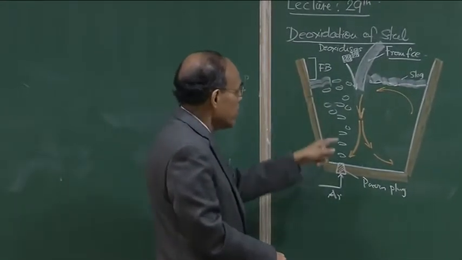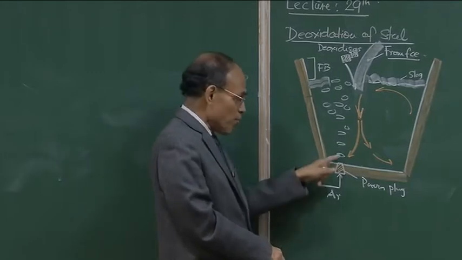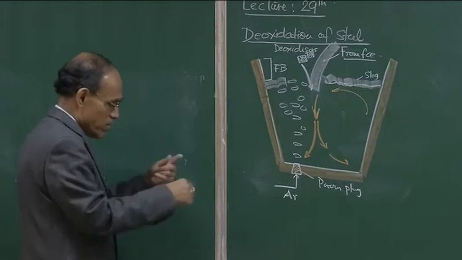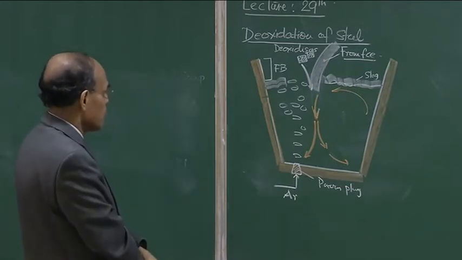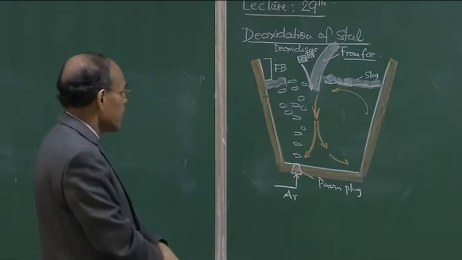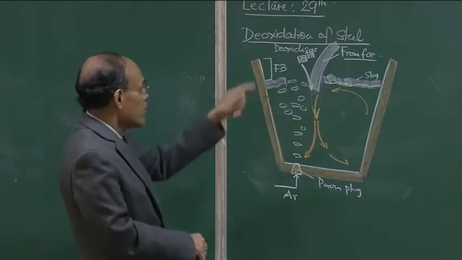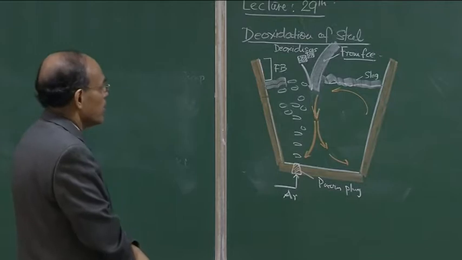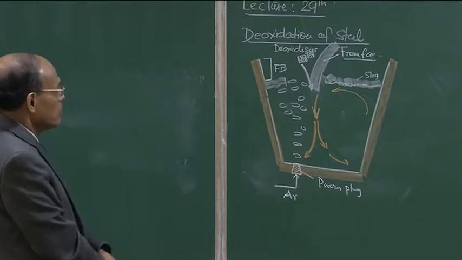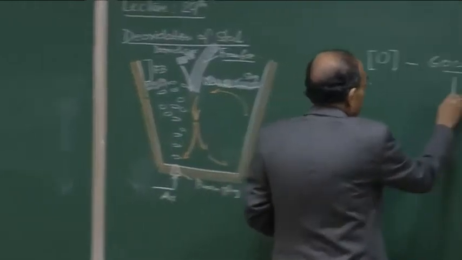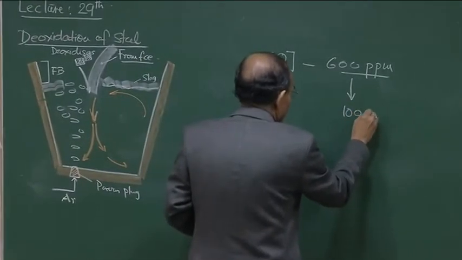Argon is non-reactive, its job is only to create stirring. We will study the mechanism of gas liquid coupling later on, but let us concentrate on deoxidation, that is, how the oxygen is reduced from 600 ppm to about 100 ppm.